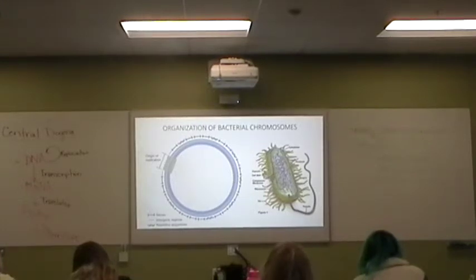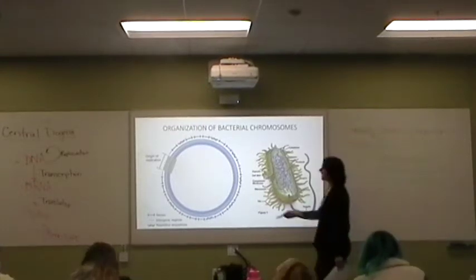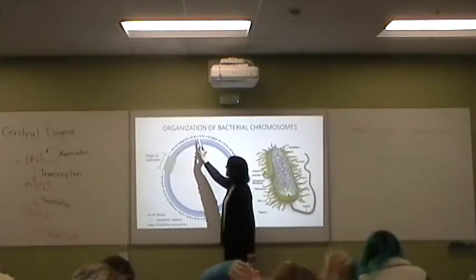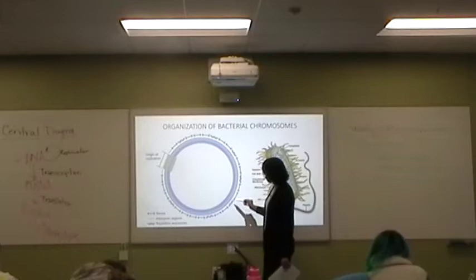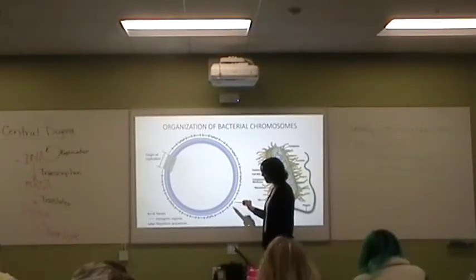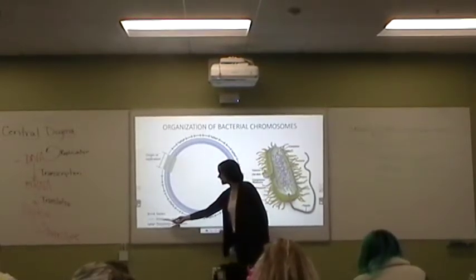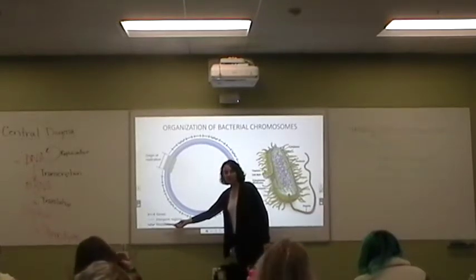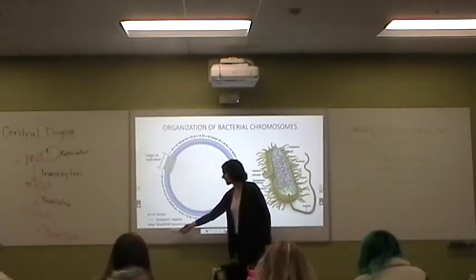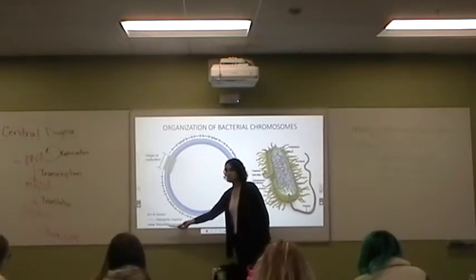If we look at this example, everywhere that we have black lines going around are going to be genes. Anywhere that there's red lines or this double helix structure, those are what we call intergenic regions. Those are just segments of DNA between genes that don't actually code for anything, or repetitive sequences, which again are non-coding regions.